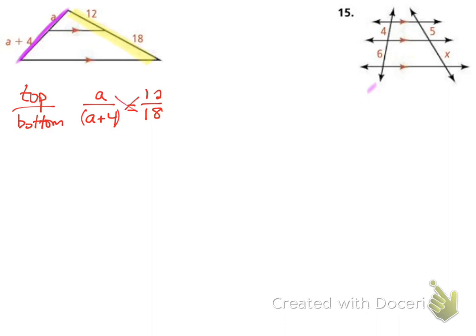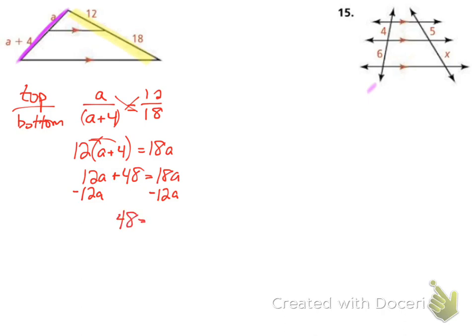Again, I'm going to cross multiply, get 12 parentheses a plus 4 is equal to 18a. I can distribute, get 12a plus 48 is equal to 18a. Subtract the 12a over to the other side, and get 48 is equal to 6a. So a is equal to 8.